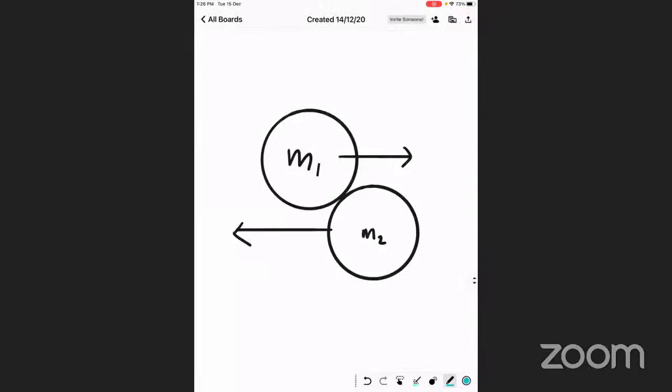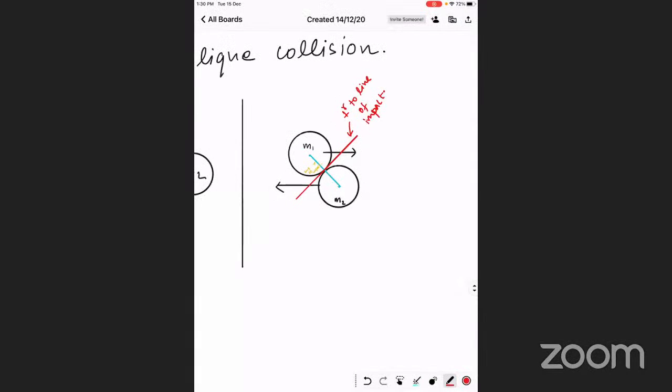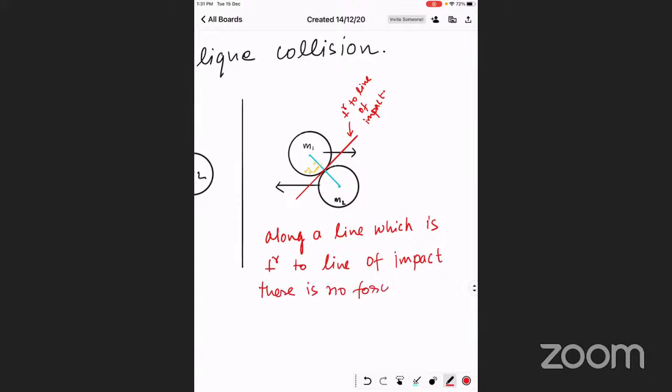Usually the momentum of M1 and M2 is conserved because along a line perpendicular to the line of impact there is no force on M1 and M2, not even an internal force.